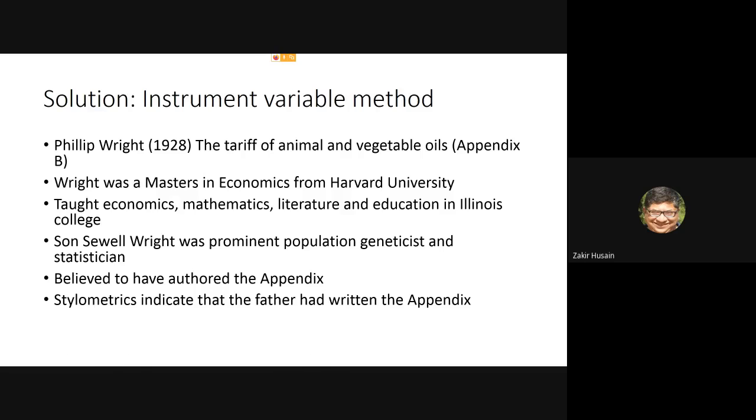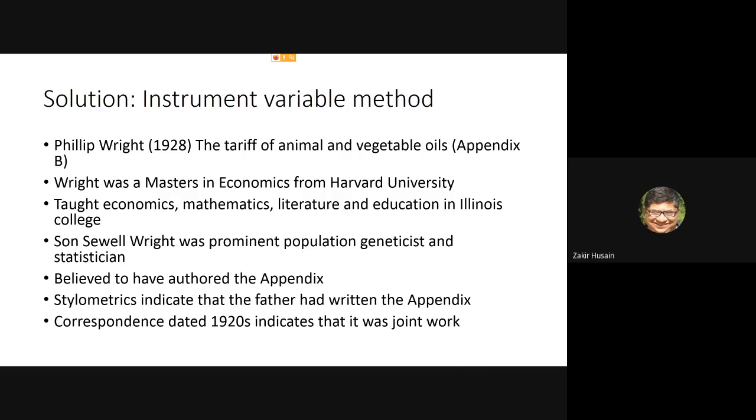People said that the book may have been written by Philip, but the son wrote the appendix. So there's something called stylometrics in which you can look at the use of words, the use of different punctuation marks, and every author is supposed to have a fingerprint. Fingerprint in the sense that the use of punctuation marks and certain words are typical to that author. So stylometrics indicated that whatever Sewell had done, he had not written the appendix.